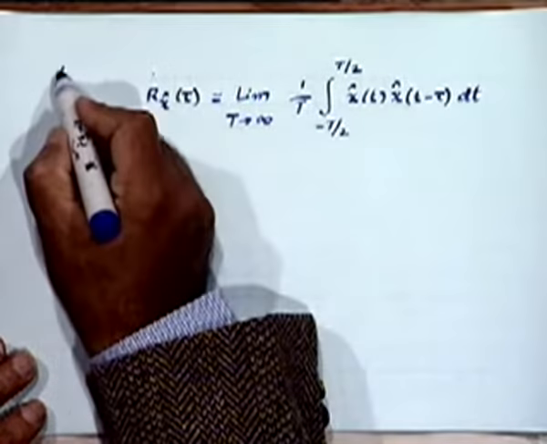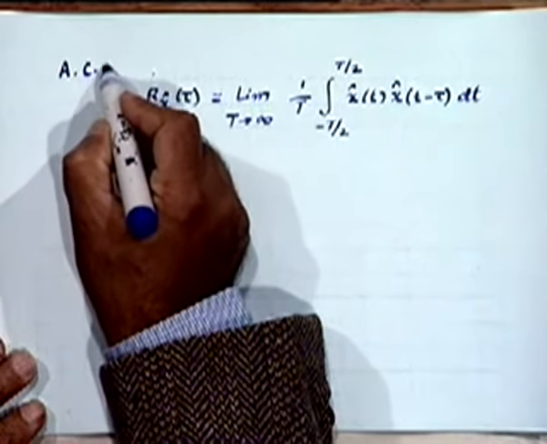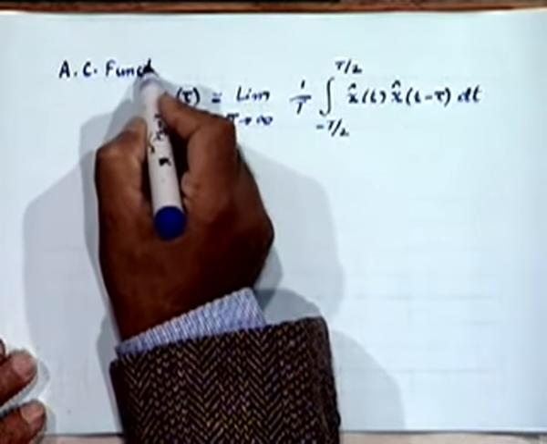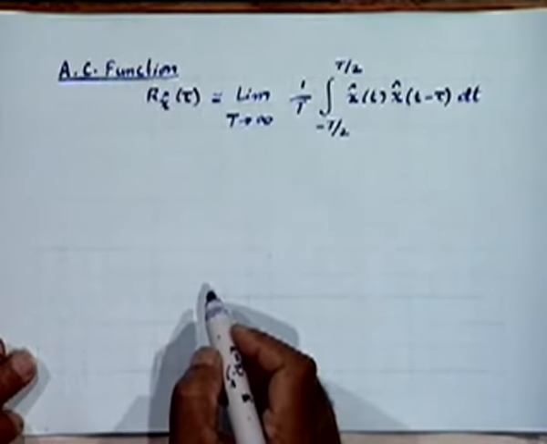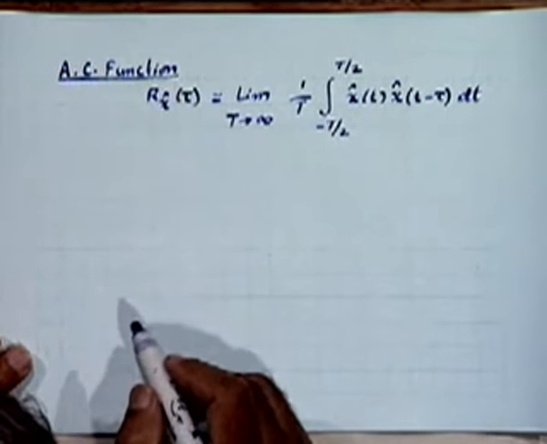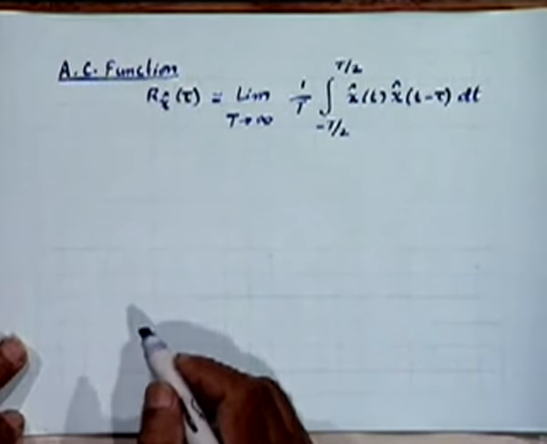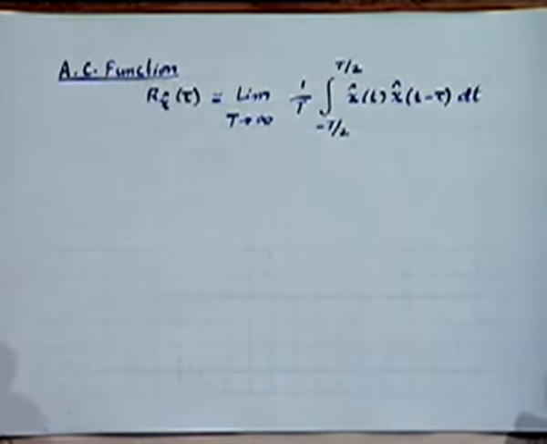That is the autocorrelation function definition. You all recollect this definition?